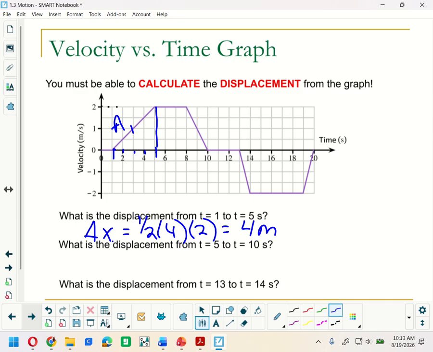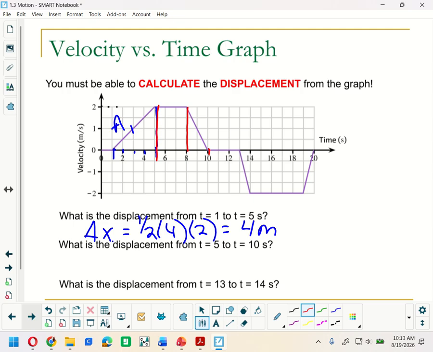All right, let's look at the next one. From 5 to 10, I'm going to make it into 2 parts. Why am I breaking it into 2 separate parts? What formulas do we have?